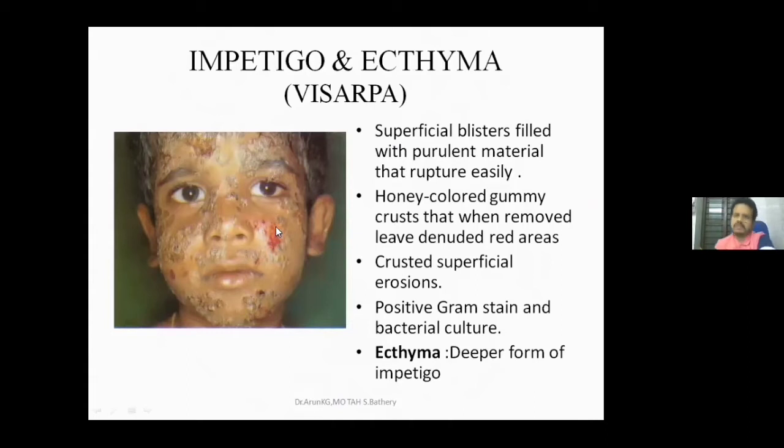Erosion, as we already discussed, is loss of superficial epidermis. By seeing these features itself, we can clinically diagnose impetigo. Ecthyma is the deeper form of impetigo. If we require any lab investigation, we can go for Gram stain and bacterial culture.